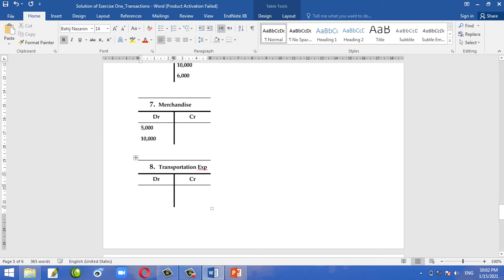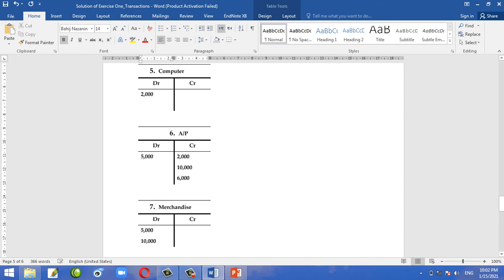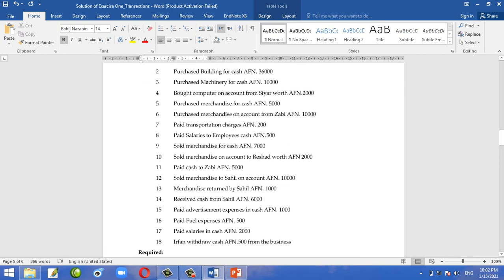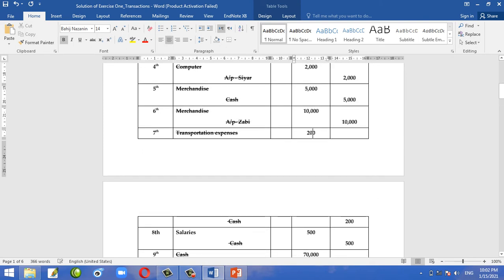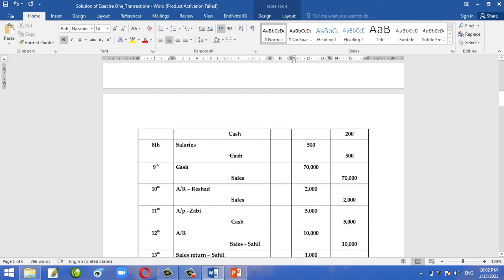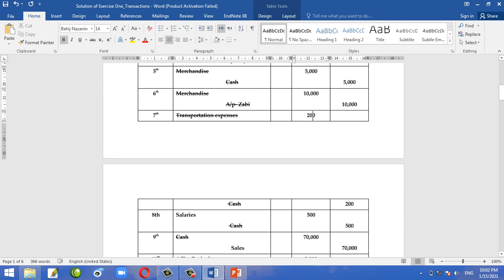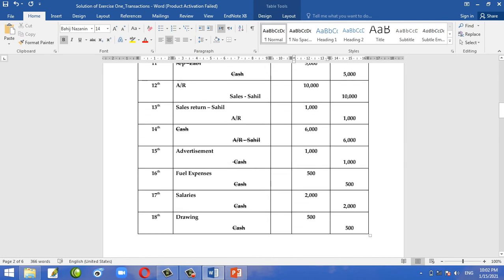How much? 200 Afghanis as debit for the transportation expenses. Do you have the next transportation expenses? No, we don't have. Only we have one transportation expense.